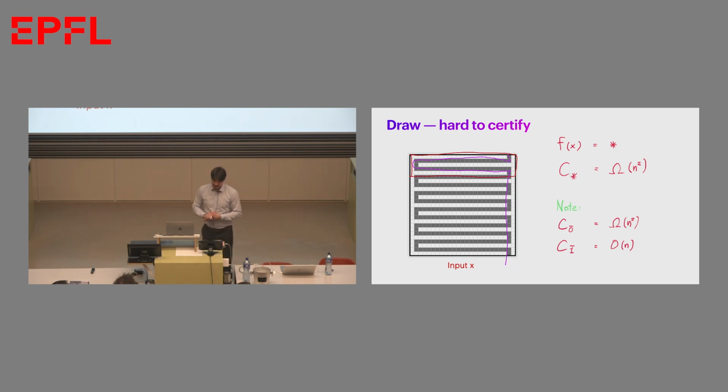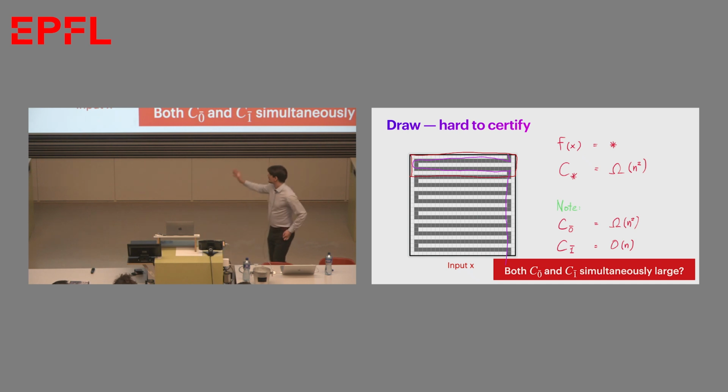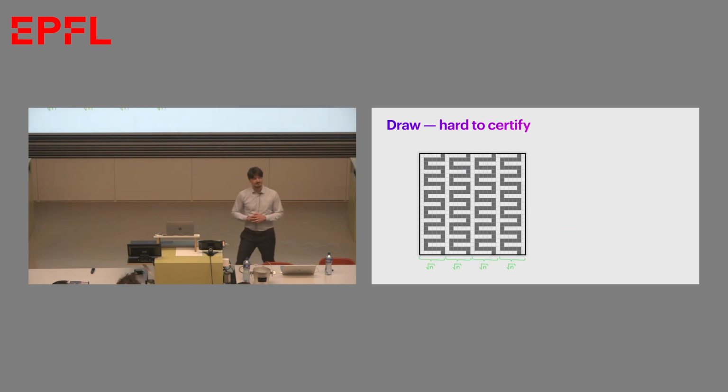Okay, so what I really want for this function to satisfy is actually that both of these certificate complexities here are large simultaneously. So here's the real kicker. The real solution is I look at another drawn input. So now I've put in root n many snakes.